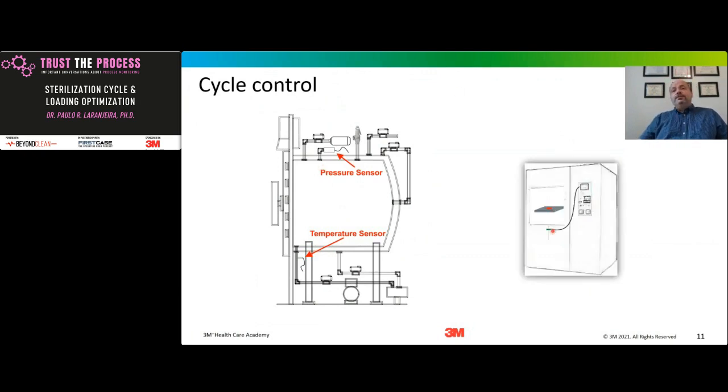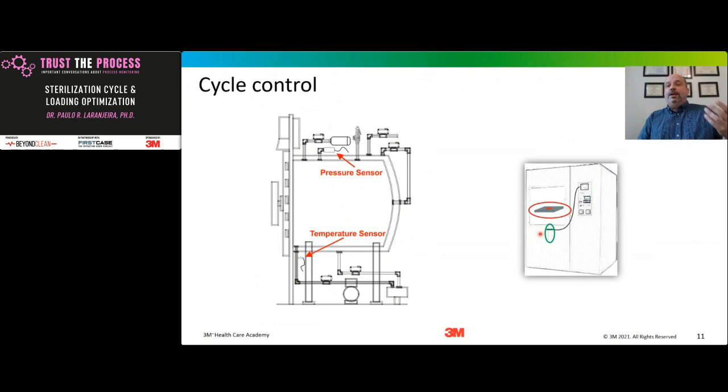So this sensor at the drain, the temperature that we see from this sensor on the indicator is not the temperature that we are seeing on our load. The theory is that the sensor is placed on the coldest spot of the chamber. That is valid for an empty chamber.